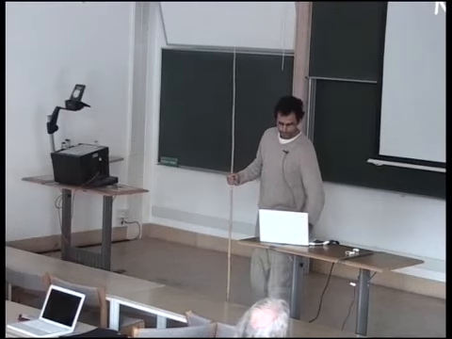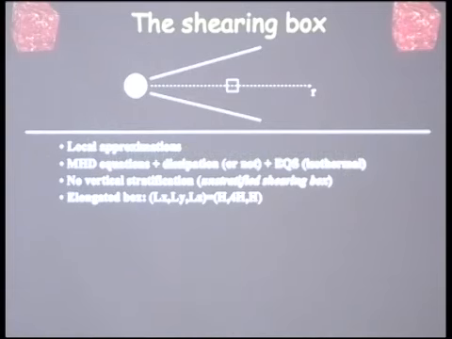So let me briefly mention the numerical setup. I suppose many of you are familiar with it. What we do is we start from the statement that global disk simulations are far too complicated, so we simplify the problem by considering only a local patch in the disk. And we work in the local approximation, the so-called shearing box model. So it's basically a local expansion of the MHD equations. Depending on the situation, I'll include or not explicit dissipation. What we usually do is to make the problem even simpler.